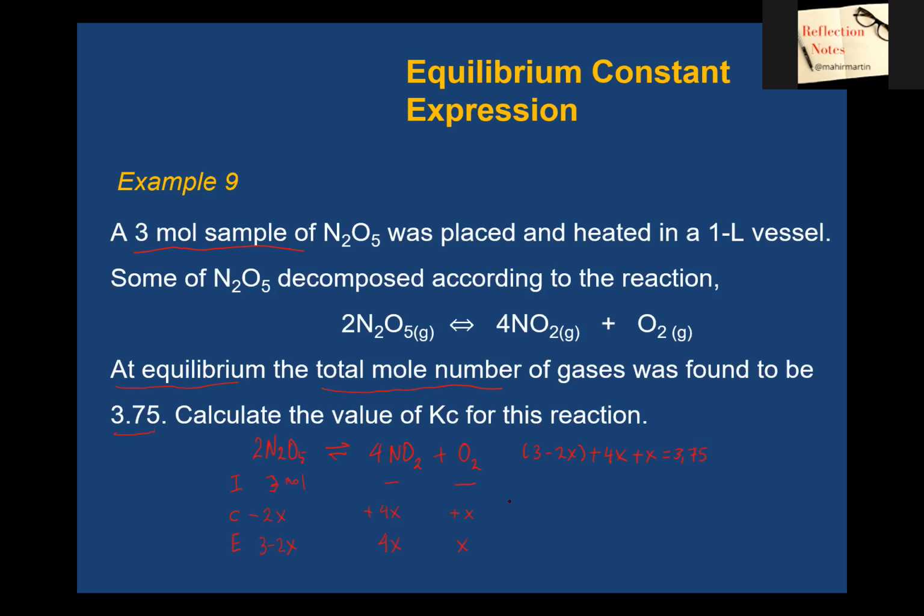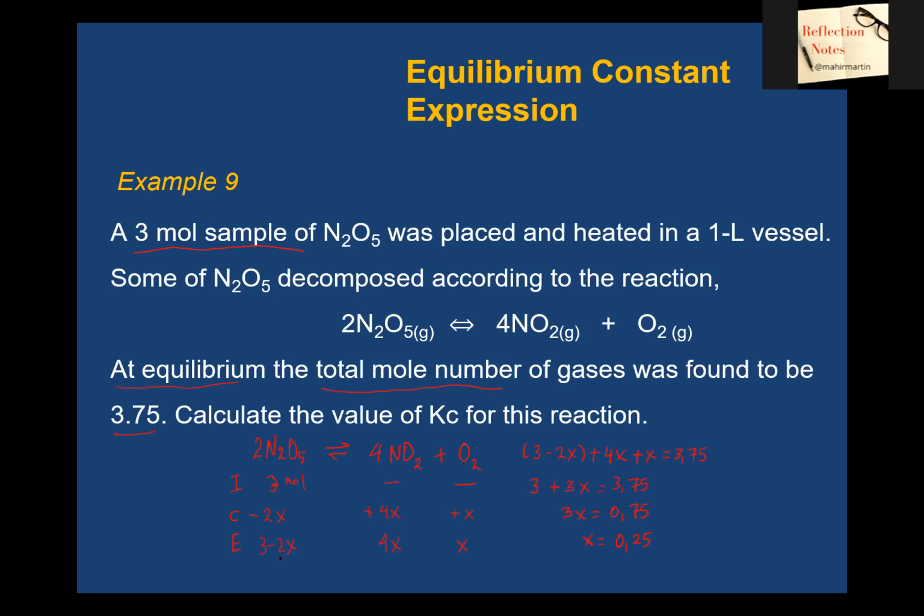Okay, let's do the operation here now. So 3 minus 2x plus 4x plus x gives 3 plus 3x, which is equal to 3.75. So 3x is equal to 0.75. So x will be equal to 0.25. I get the x.